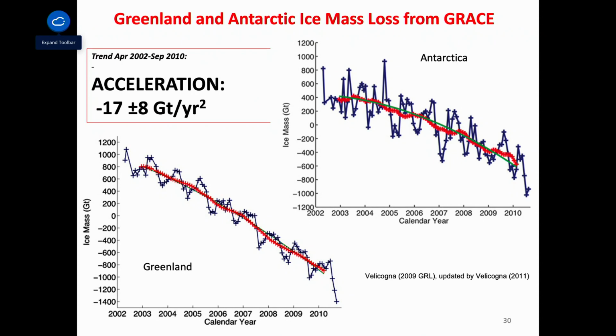So people did it anyway and came up with a view that we had accelerating ice loss, but nobody was satisfied. And so we launched the first of, well, a pair actually, of several satellites. This is the first pair. These are satellites that were together and watching each other, and they're actually measuring the mass at the surface.